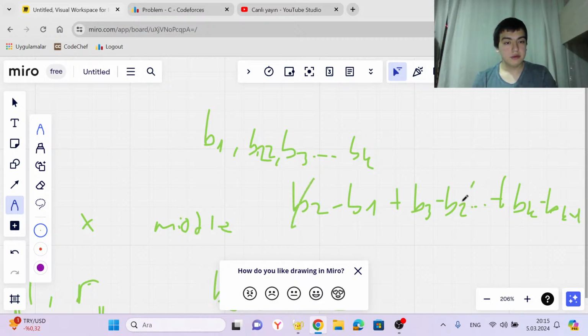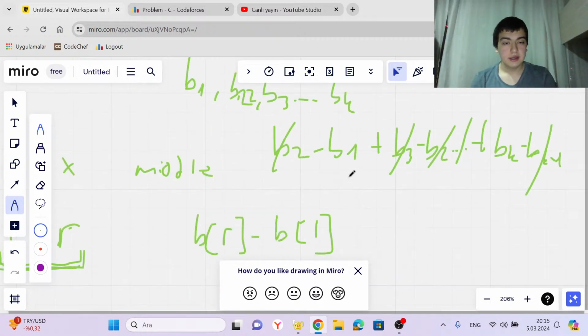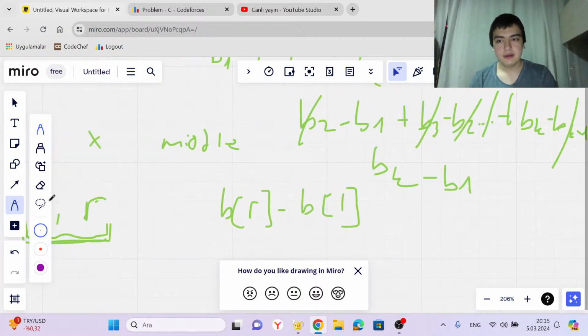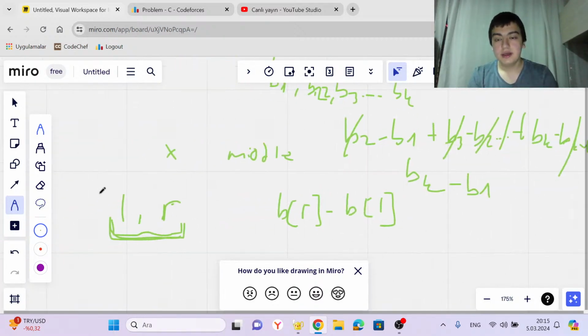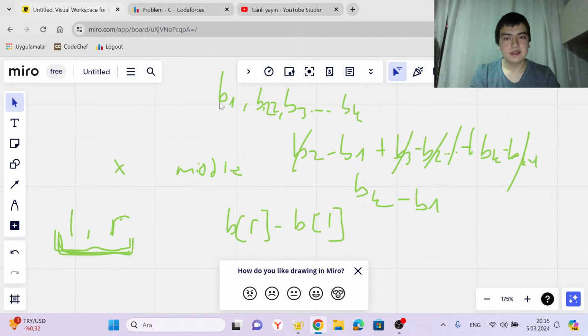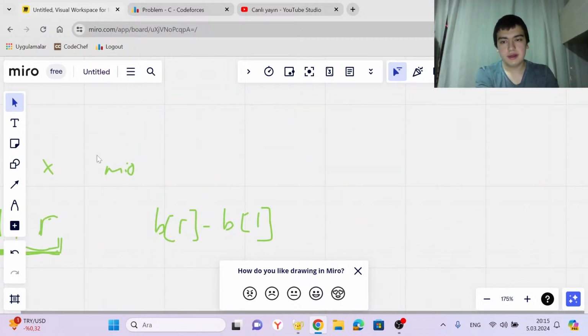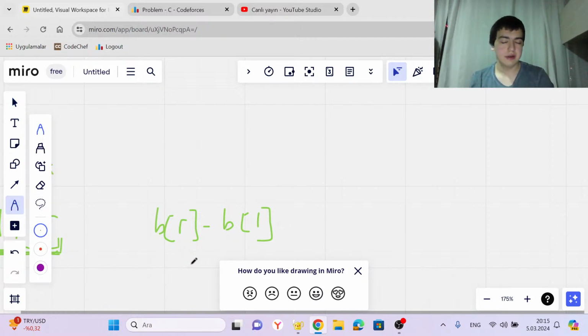So these B2s are going, these B3s are going, this BK-1 is going. So in the end, only BK minus B1 is remaining. So if we choose the interval from L to R, we can add this value for the second summation, BR minus BL.